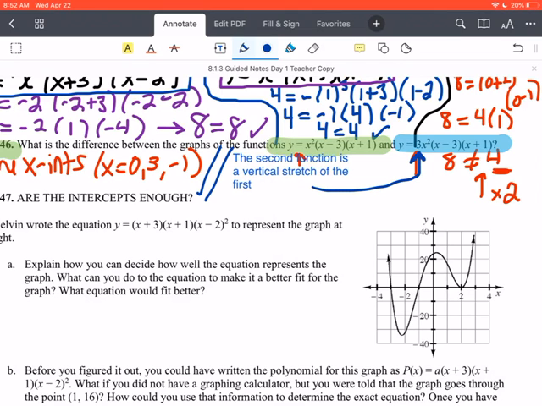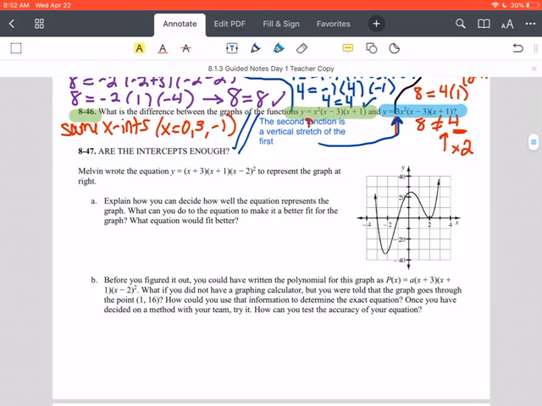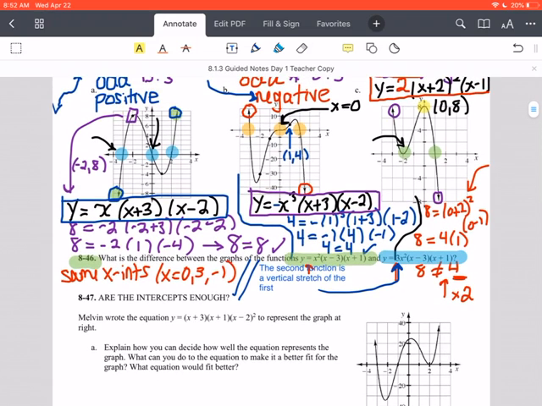So the x-intercepts are the same, but the vertical stretch is going to affect the y values, the y scale of the graph. So the last question of the first lesson of the week is basically saying, is it just enough to focus on the intercepts? And hopefully we saw by question letter C, and also by this idea right here, that no, the x-intercepts are not enough.